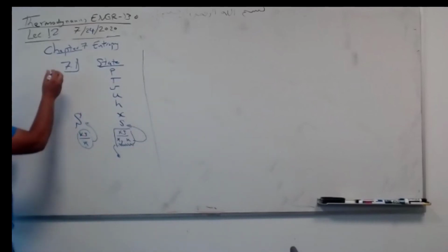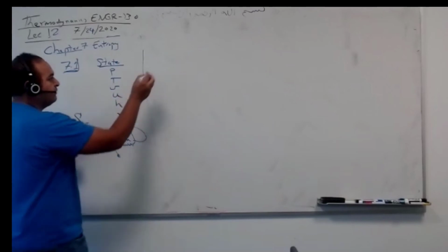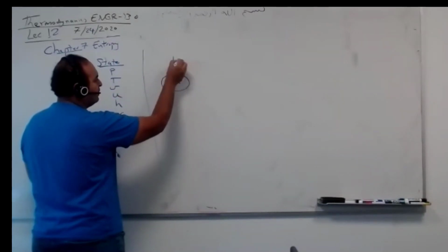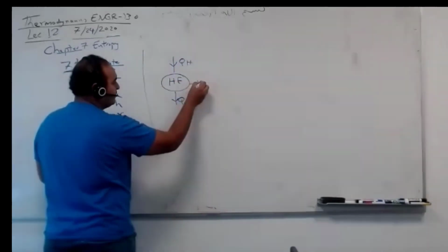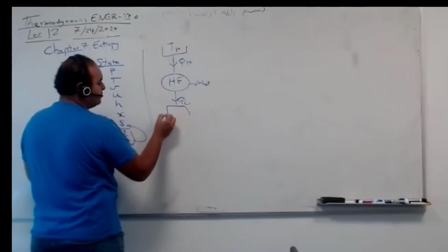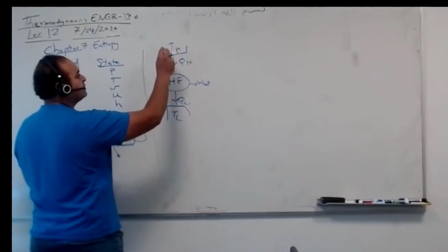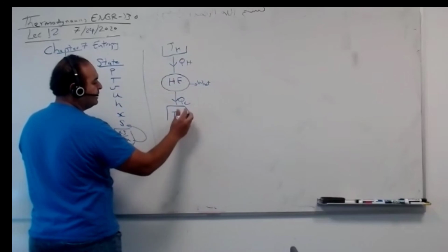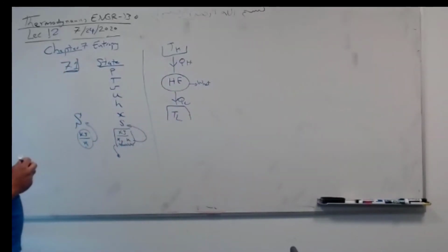Before we go to that, let's start with 7.1. We said in the last lecture, for example, if we have a heat engine, we have Q high, we have Q low, and of course we have W net. This is coming from T high, this is going to T low. So heat comes from the upper constant temperature reservoir, we get some work, and dump some heat in the lower temperature reservoir.